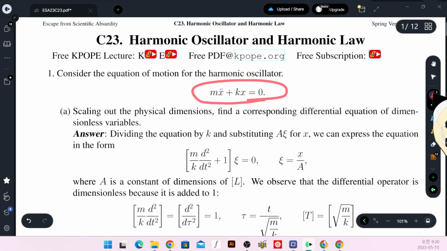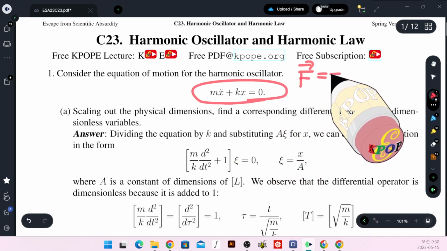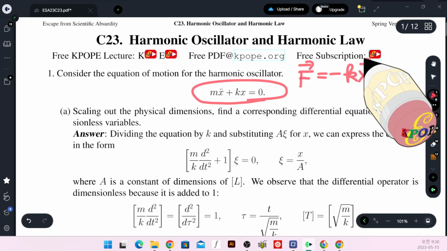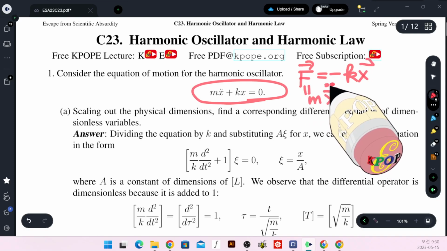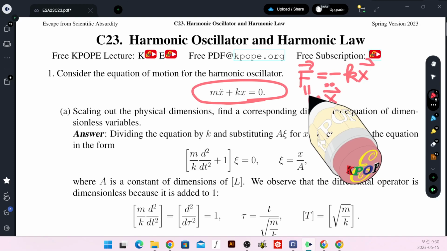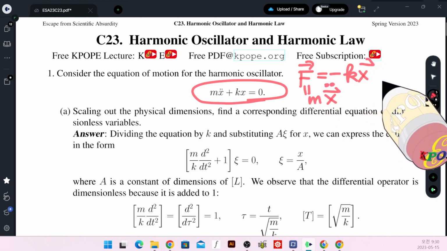The harmonic oscillator equation of motion comes from Newton's second law. Newton's second law states that this is mass times acceleration, and the mass is acted on by the restoring force that is opposite to the displacement from the equilibrium position.